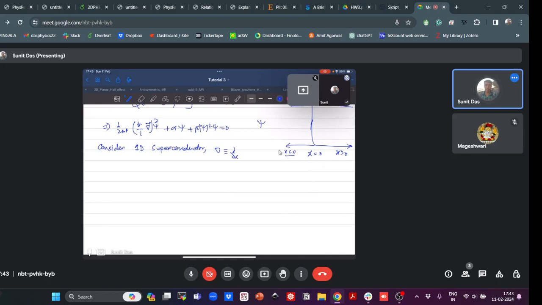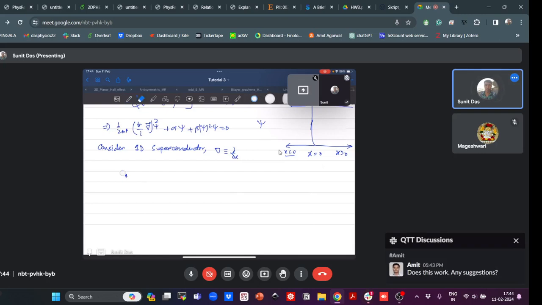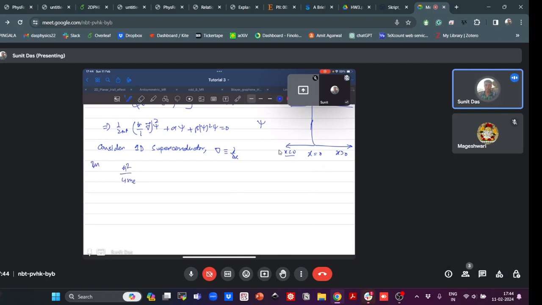That is just to simplify our life. So then 1 by 2m star, we can write this as h bar square by 4 m e square, we have used m star equal to 2 m e.